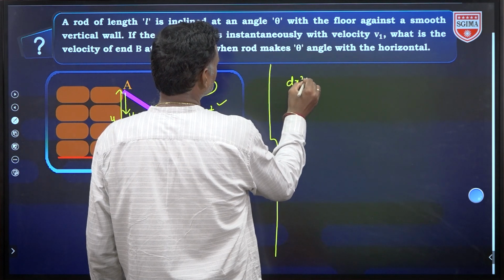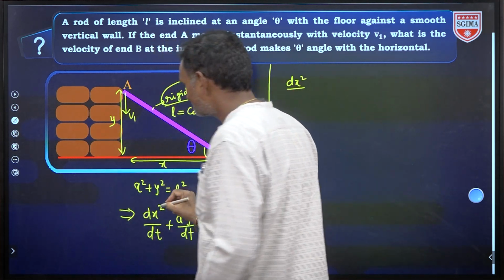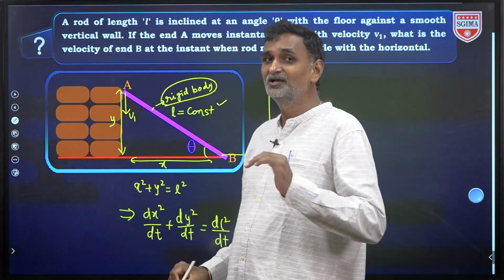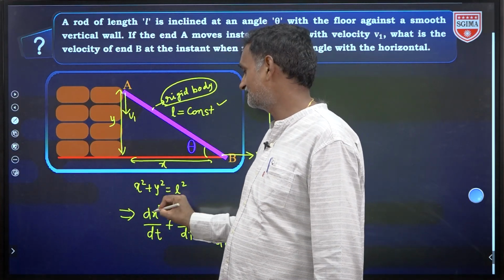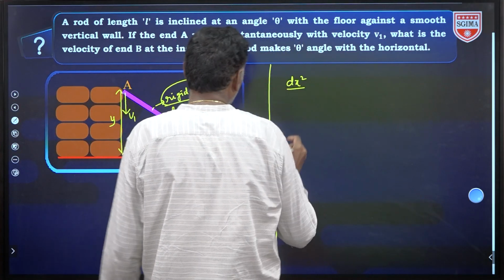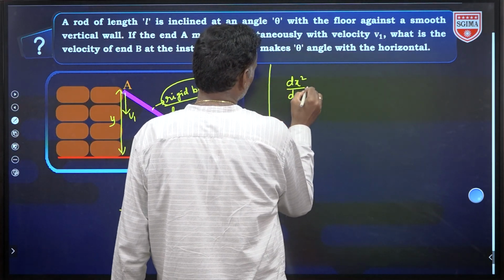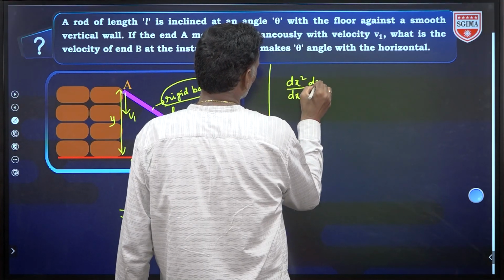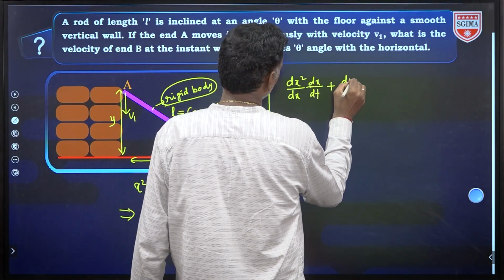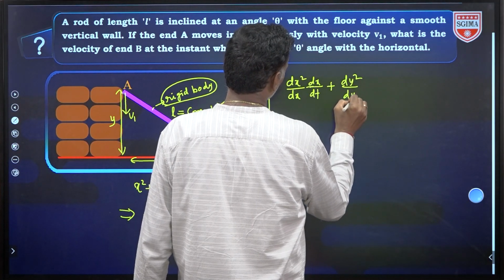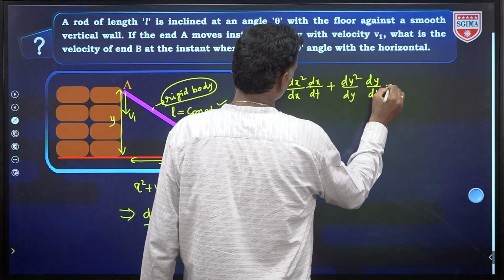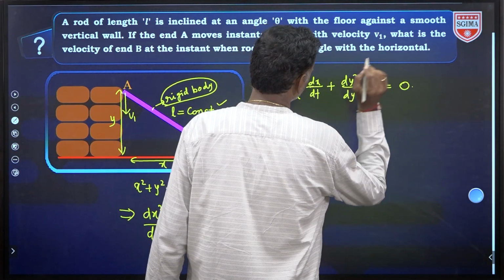Here x square is there, so we can't differentiate directly with respect to time, because it is a mixed function. So we need to follow the chain rule: d(x square)/dx times dx/dt plus d(y square)/dy times dy/dt equals 0.